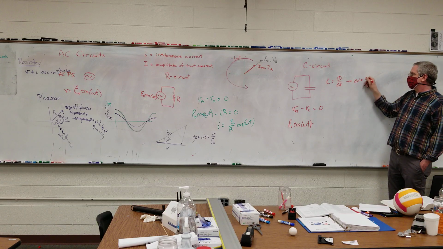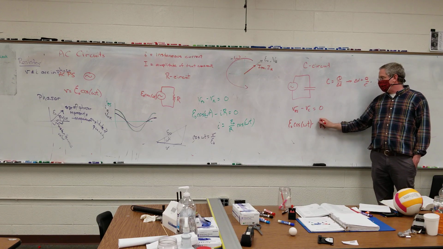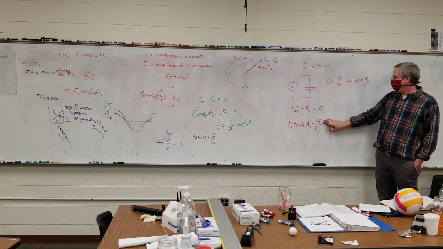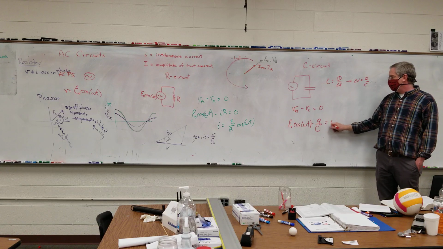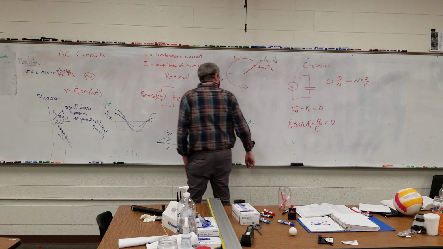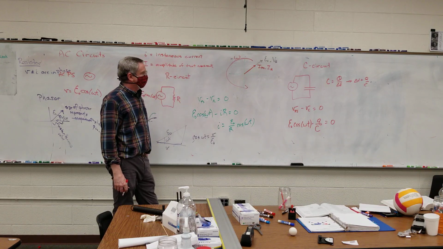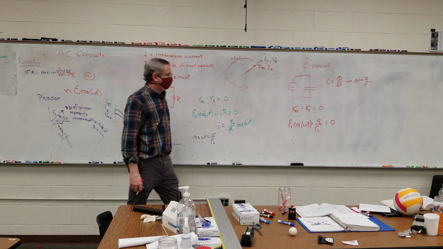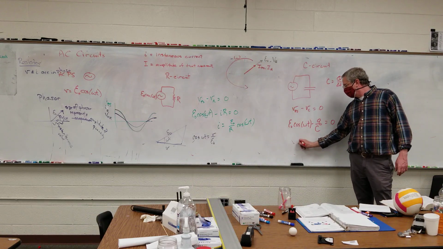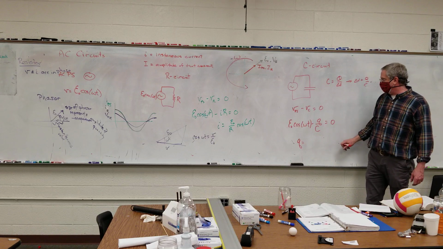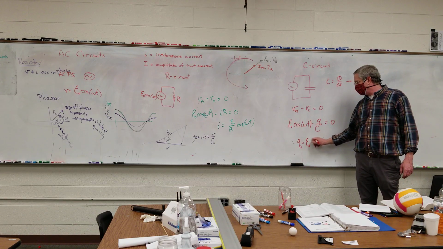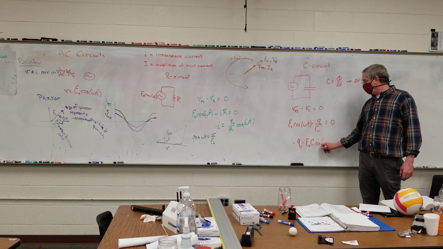So delta V is Q over C. So this is going to be lowercase q over my capacitance equals 0. Solving for Q, you bring that over and multiply times C, so Q is epsilon sub naught times C times the cosine of omega t.